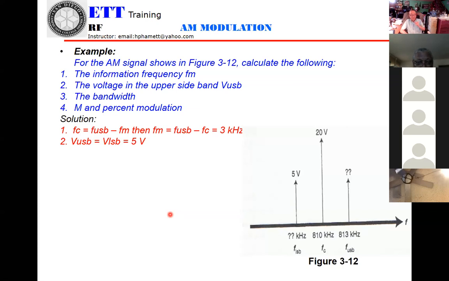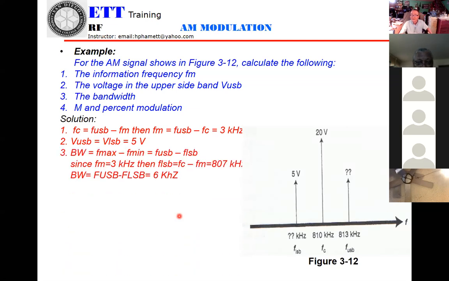The bandwidth is 6 kilohertz. Bandwidth will be 6K. That's what they're telling you here: F max minus F min, F upper sideband minus F lower sideband.